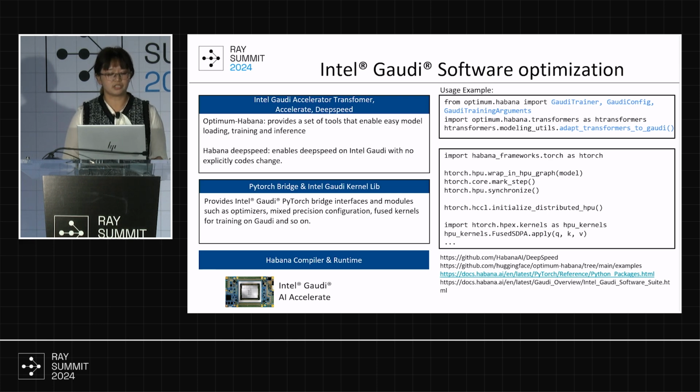And in torch bridge, there is also some code for the user to control their model process. So I provide some examples here. The first one is wrap in HPU graph, which I introduced before, which captures the entire model as a graph. We capture and replay, so it will be way faster than before. The second one is mark step. Mark step is like an addition to the wrap in HPU graph, because when we are wrapping a super large model, it might not fit into the device memory, right?